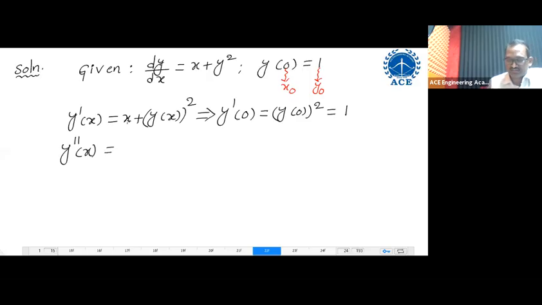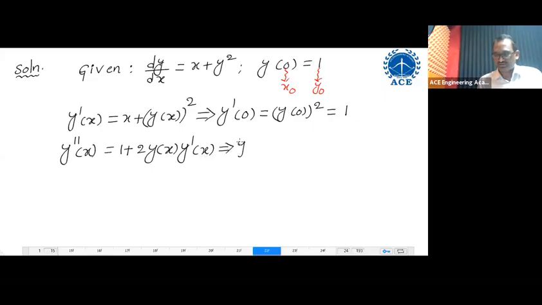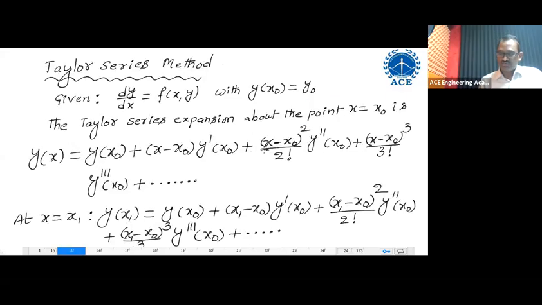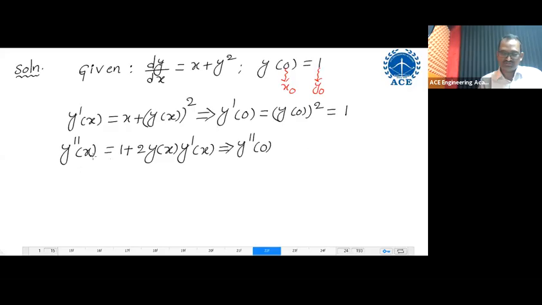y double dash of x: the derivative of x is 1. Treat y square, the derivative of y square is 2y, where y means y of x, and again the derivative of y with respect to x is y dash of x. And we need y double dash of x naught, where x naught means 0.